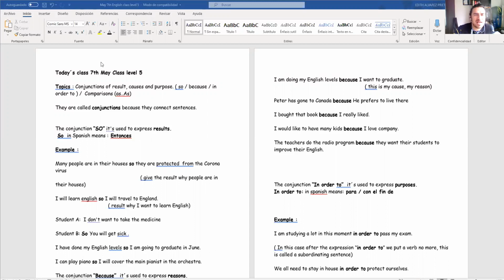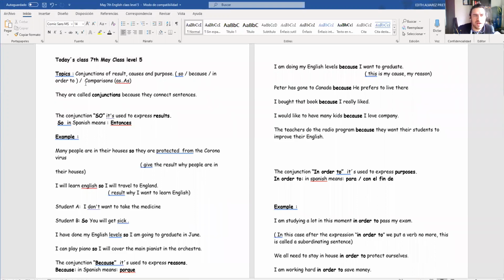All right, today's class, 7 May, level 5. The topic I'm going to explain today is the conjunctions of result, cause and purpose. We are going to learn how to use the conjunctions so, because, and in order to.